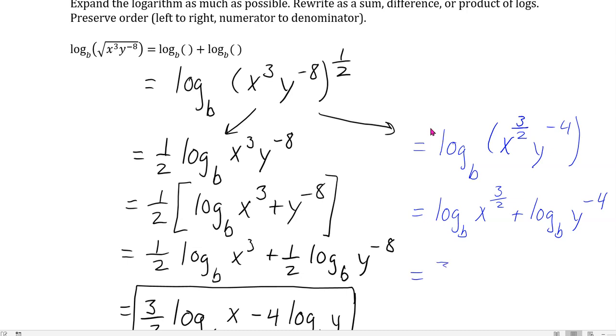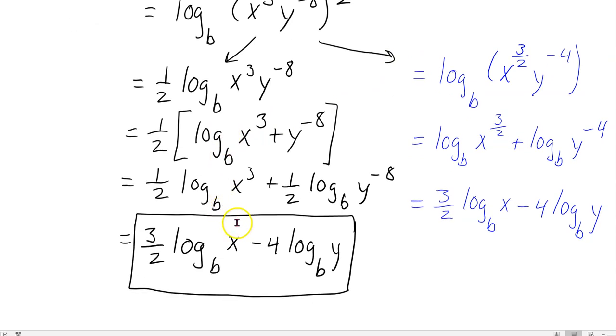This then gives us 3/2 the log base b of x minus 4 times the log base b of y. Notice that this method is shorter and has fewer steps, but leads to the same result we got before. You can choose which method you prefer.